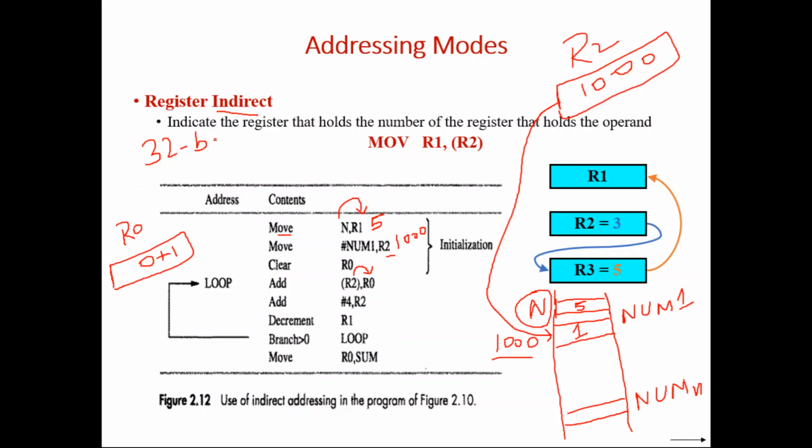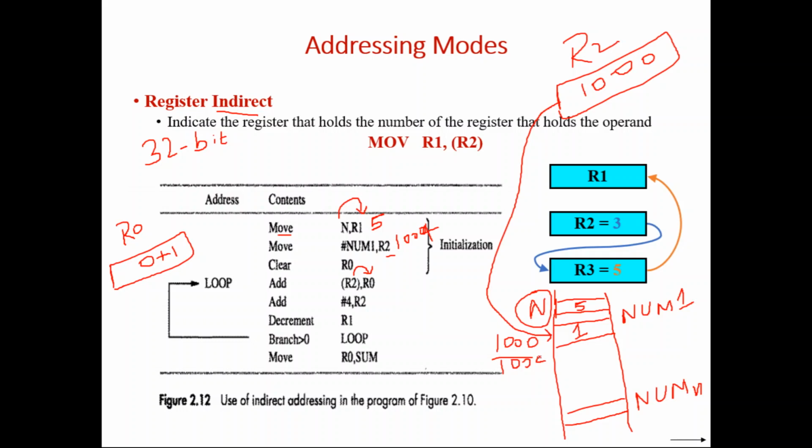So we are not adding 1, we are adding 4 to R2. Previously R2 was 1000, so when you add 4 to R2, it will point to the byte 1004. That means the next value is stored in the location 1004.